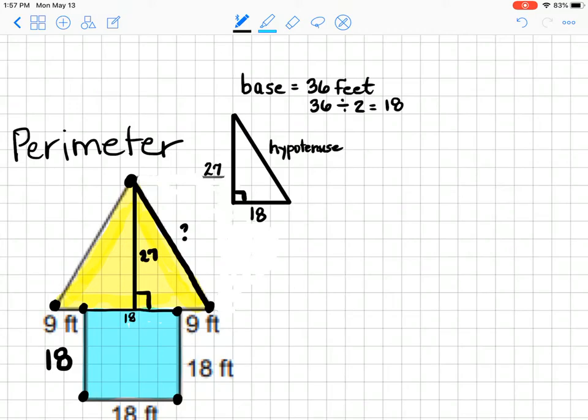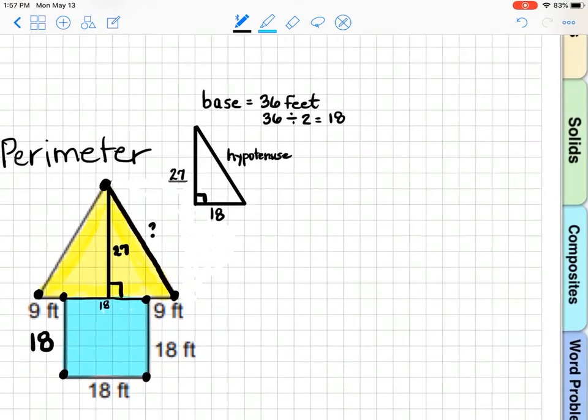And now we can use Pythagoras rule, the as the crow flies rule, of a squared plus b squared equals c squared. And I like to use a as the tall one. It does not matter. You can do it either way, as long as you leave c as the hypotenuse.